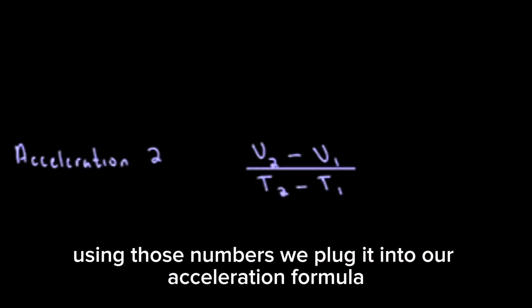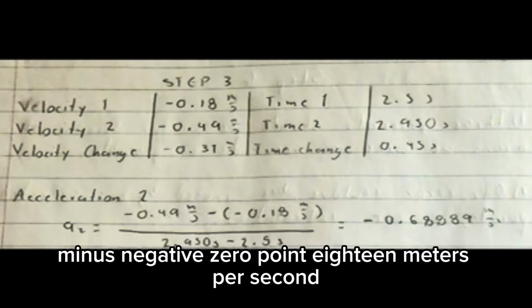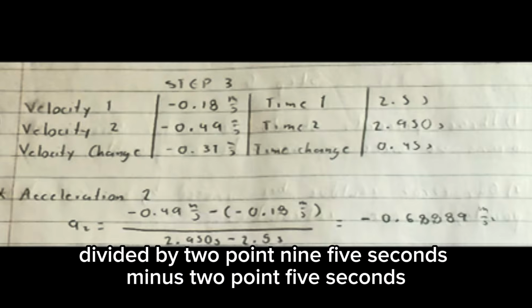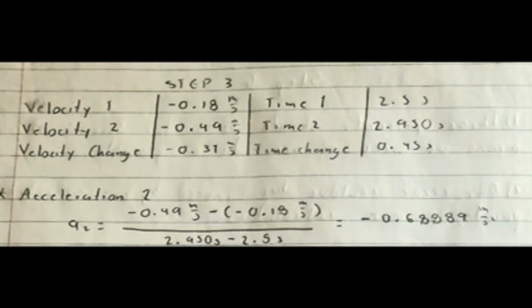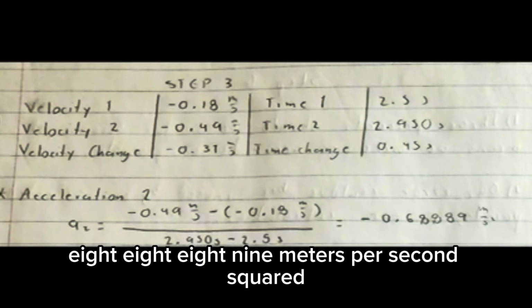Using those numbers, we plug it into our acceleration formula. We get negative 0.49 meters per second minus negative 0.18 meters per second, divided by 2.95 seconds minus 2.5 seconds, which gives us a total acceleration 2 of negative 0.68889 meters per second squared.